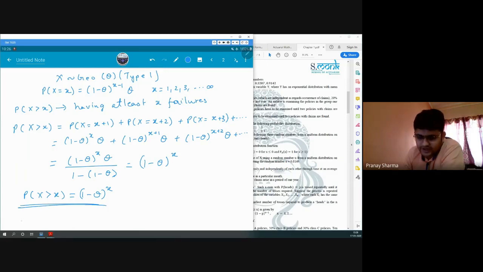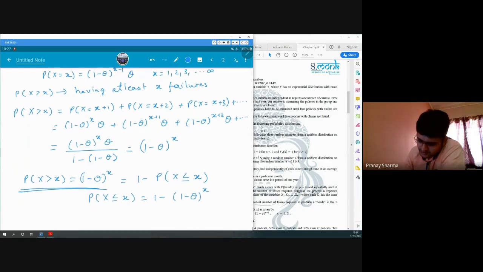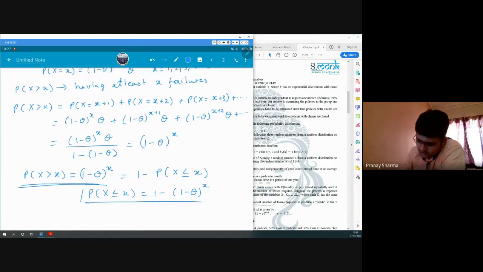You can definitely write that. I was just going for geometric distribution. This was easy to calculate. That is why I did this. So this is actually equal to 1 minus probability X less than or equal to x. So if you need to find probability X less than or equal to x, you will get 1 minus (1 minus theta) raised to x. This is the equation that you are going to get.